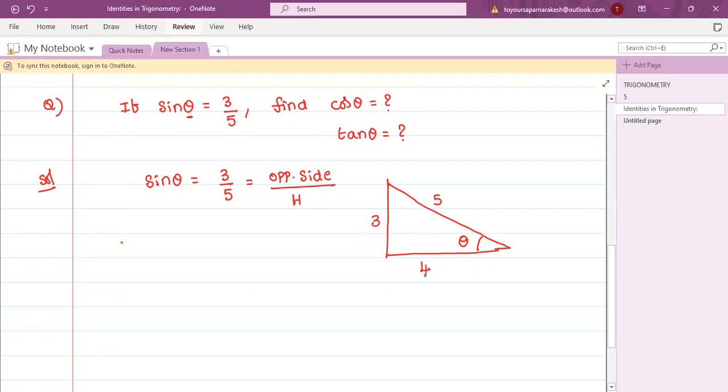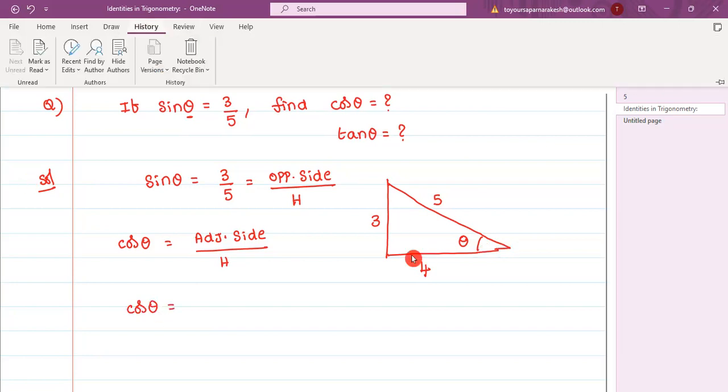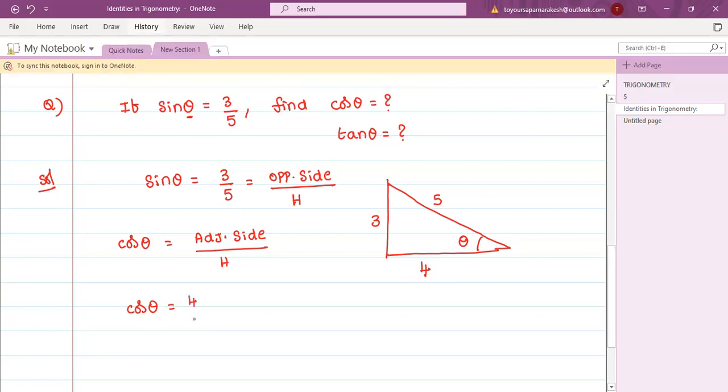What is the first question? We have to find cos theta. We know cos theta means length of the adjacent side upon hypotenuse. Therefore, in this triangle, the length of the adjacent side is equal to 4 and the hypotenuse is equal to 5.